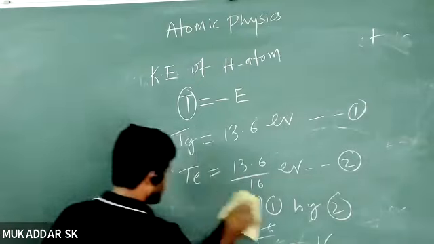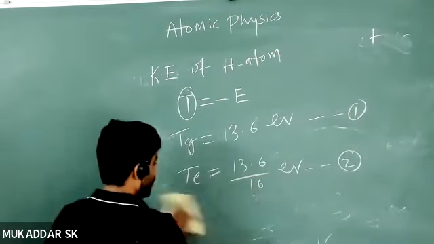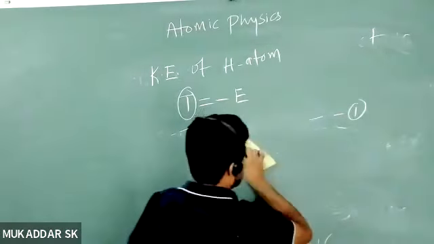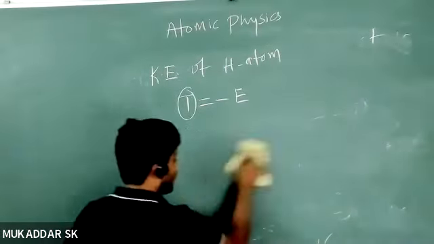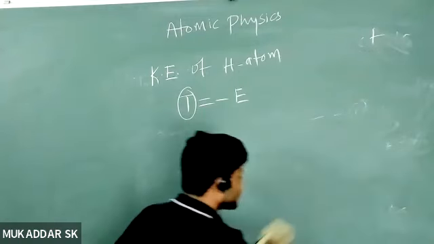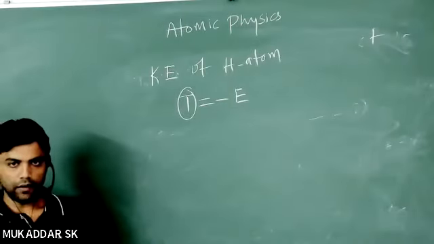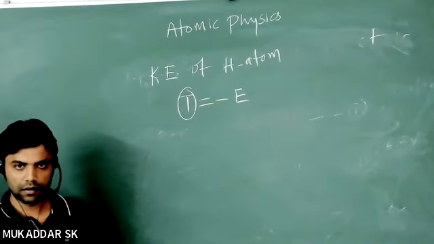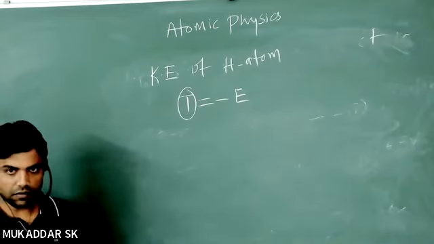Now, one important thing in atomic physics that was ignored by the Bohr model: he assumed that the mass of the nucleus in the hydrogen atom is infinity. But this is not true.